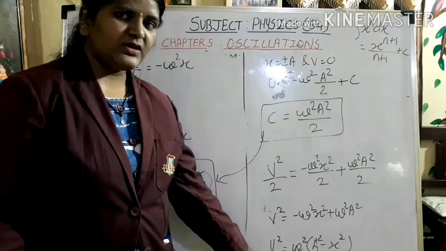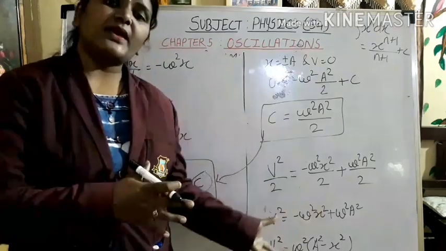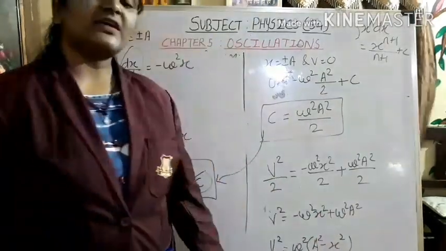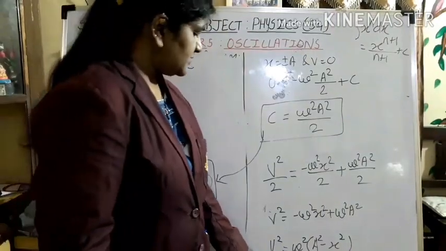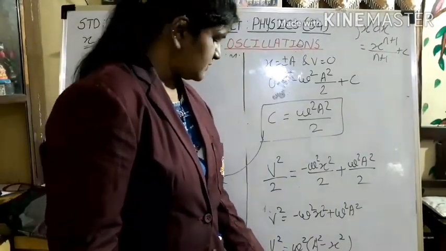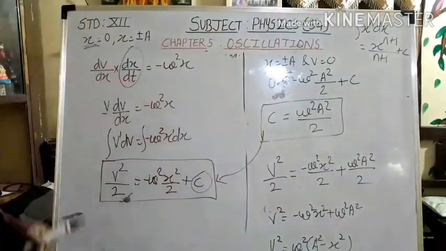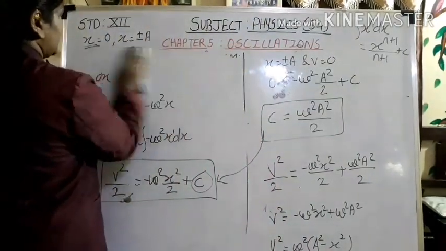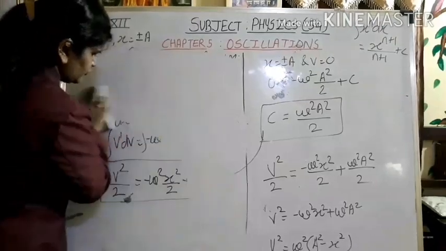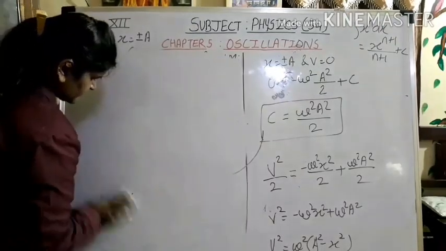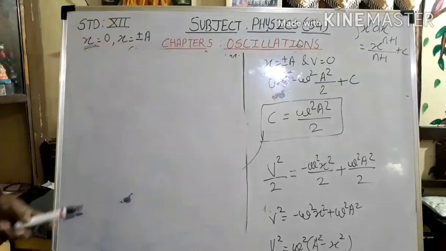How can I write v right now? I can take square root of all the terms, so that I can write the value for v. I have got v square over here. V square is omega square into bracket a square minus x square. So I will just write by taking square root, so that you will get the exact value of v.